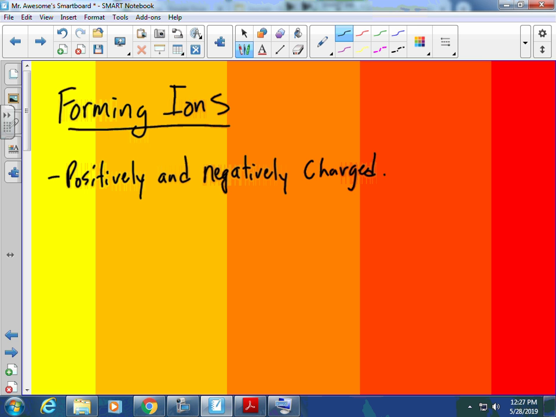So what happens is we're talking in the journal about electrons being gained or lost. And if that happens, they're not going to balance out the protons anymore, and therefore we get a charge.